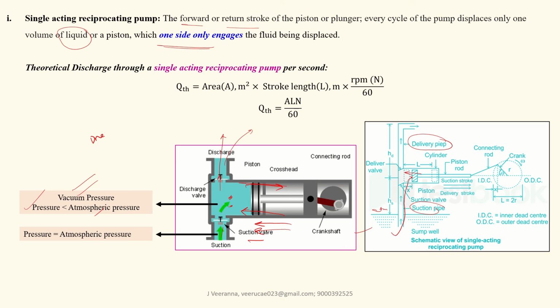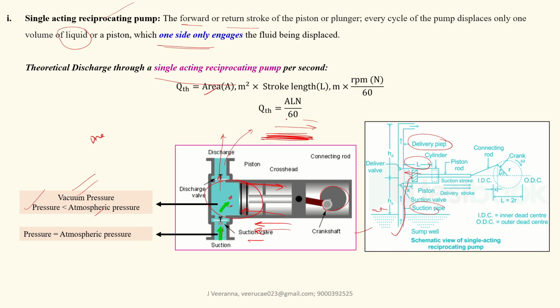Here is the rotary motion. The rotary motion of your crankshaft is converted into reciprocating motion, which is why it is called reciprocating motion. Based on this concept, the theoretical discharge of a single acting reciprocating pump depends on the area of this cylinder and the total length L, how much the piston moves front and backward.